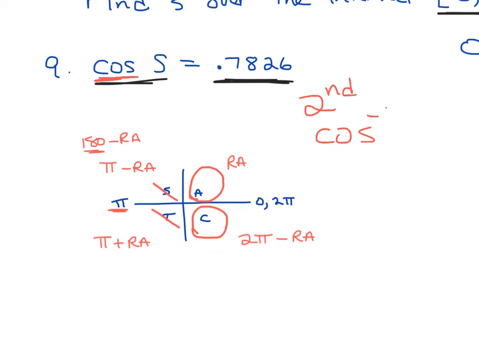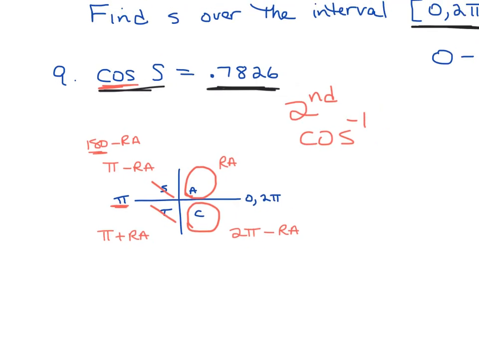And then it'll open up cosine to the -1, indicating it's an inverse function, and then put in the value, 0.7826, hit enter, and the reference angle that they're going to give us is about 0.6719 something. We're going to round it to 3 decimal places, so 0.672. That is my reference angle. That is the measure of the angle in quadrant 1.